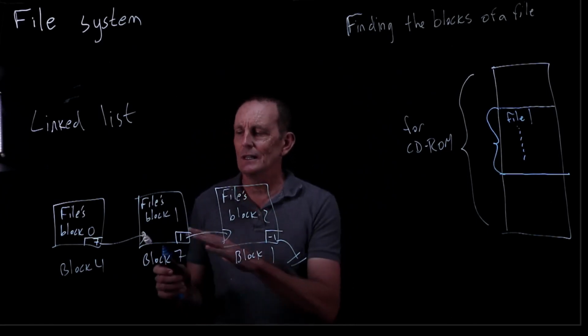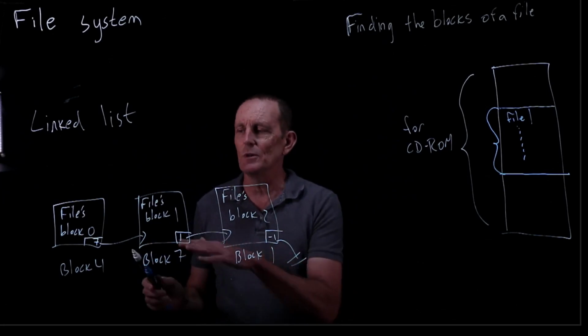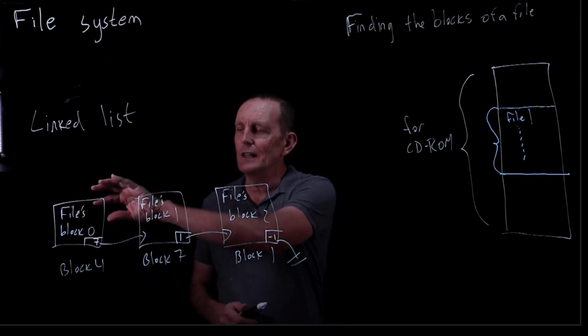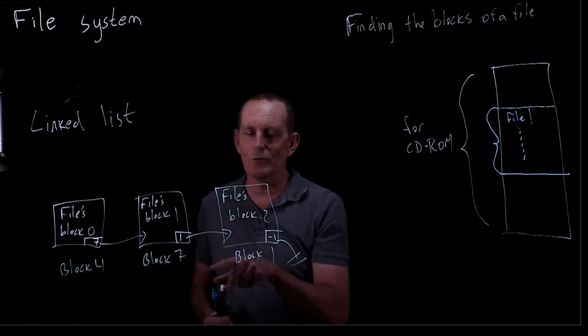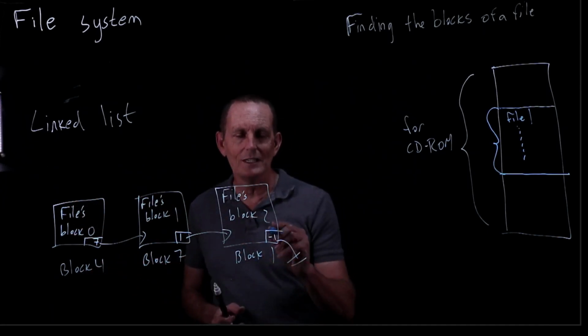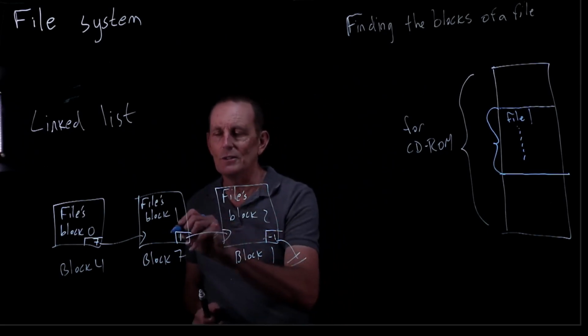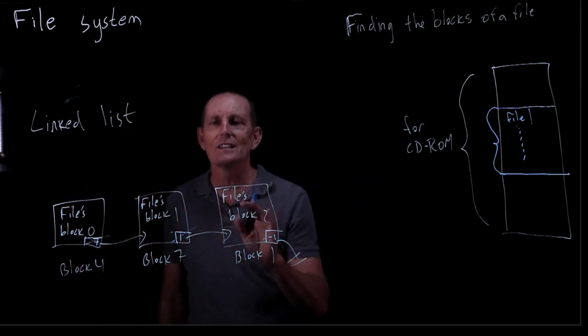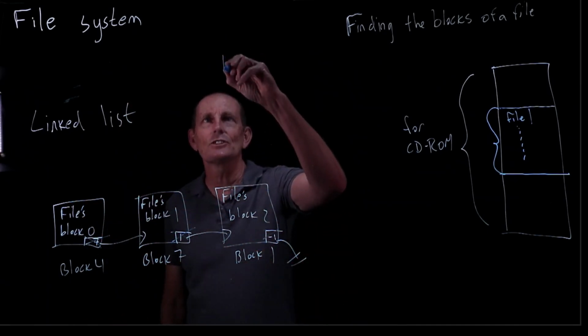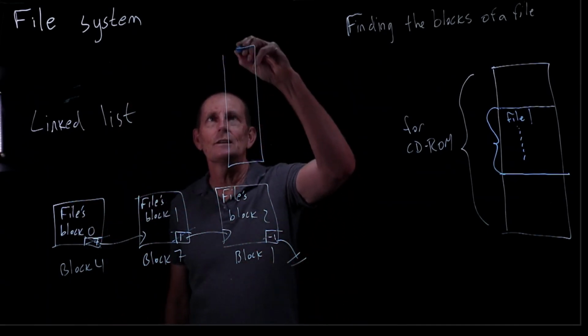Another possibility, let's say we had this same arrangement where we wanted to have this file having its 3 blocks, block 0, block 1, and block 2, and they were at these locations 4, 7, 1. What we would do is we would basically get rid of this pointer. So we go ahead and use the full block size for the contents, and then keep an external list.